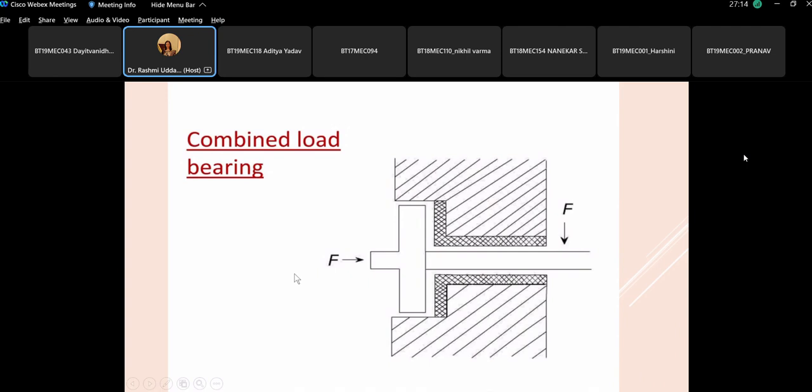So simply designing a bearing makes no sense because you don't know what the loads on the shaft are. You don't know what the load on the bearing is. And likewise, you cannot simply design a shaft without knowing what type of bearings you are using. So as you remember, we have designed the shaft only based on which parameter? Saurabh?